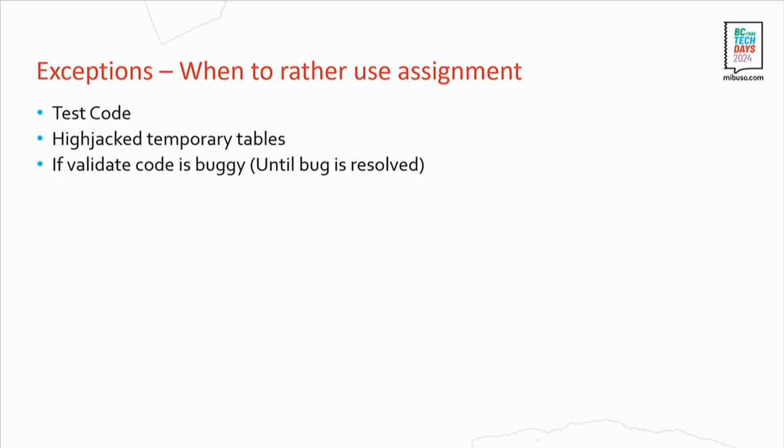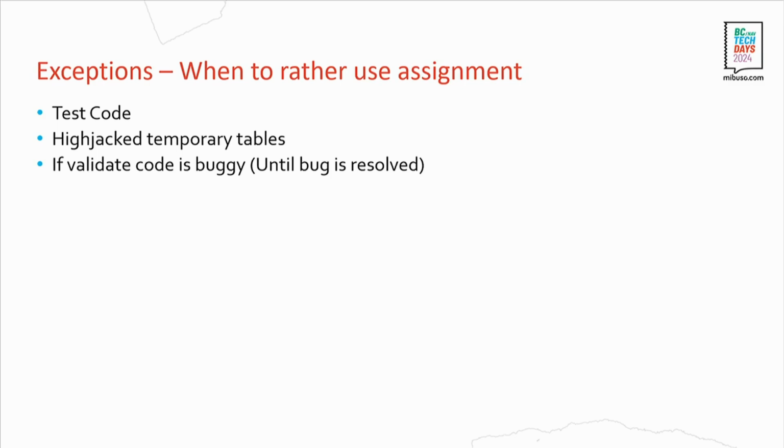Then now there are a few exceptions, and again, just collecting what we already talked about. So test code, you do not really want to call validation code unless you explicitly want to test the code in the validation trigger. For hijack temporary tables, you need to really decide and check whether the code works in a temporary scope, and that might need to get retested if the extension base changes, so if any updates get installed or anything, because again, the code could change.